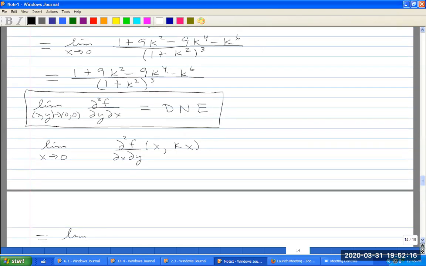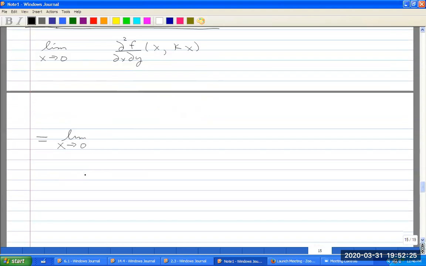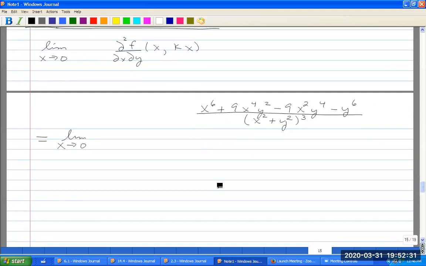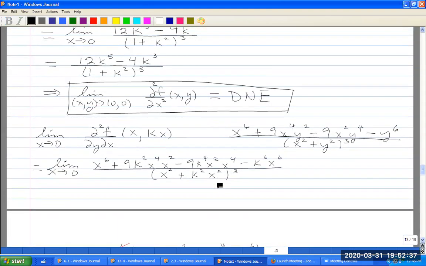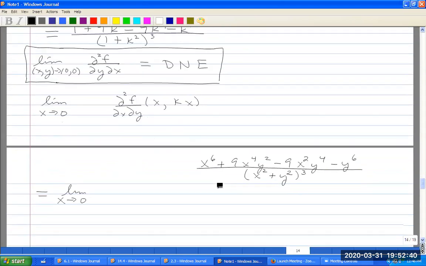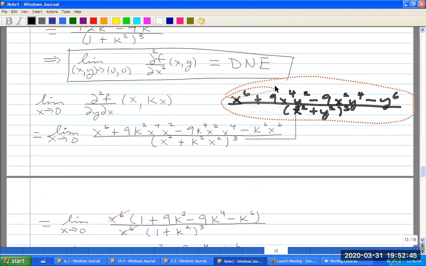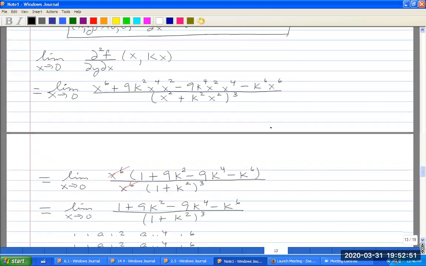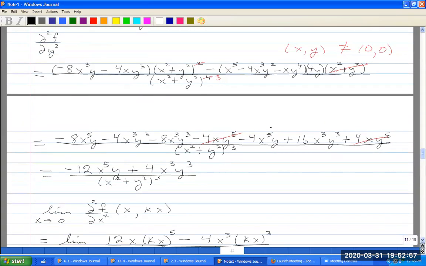Okay, so now this is equal to the limit as x approaches 0 of this thing. I bet you I didn't copy the other one because that looks the same. So this is going to be xy.